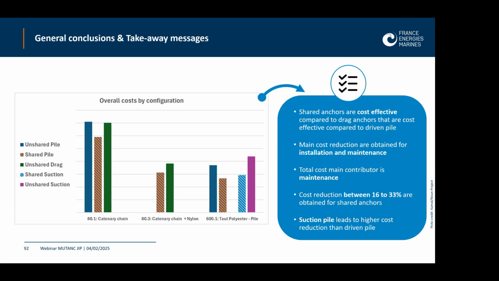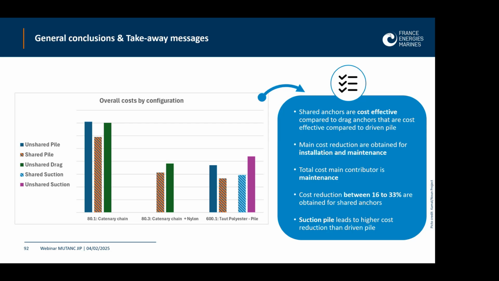For the general conclusions, what we can see is that shared anchors are cost-effective compared to drag anchors, which are themselves cost-effective compared to driven piles. The main cost reductions are obtained for installation and maintenance. The main contributor to total cost is maintenance, especially.